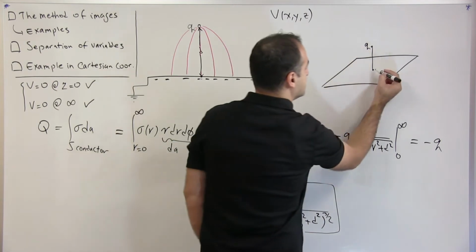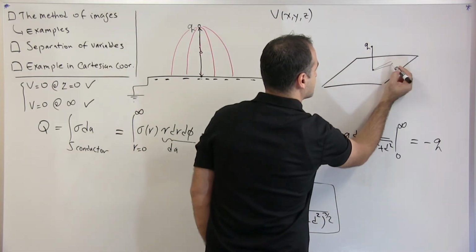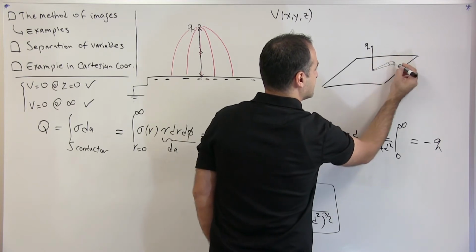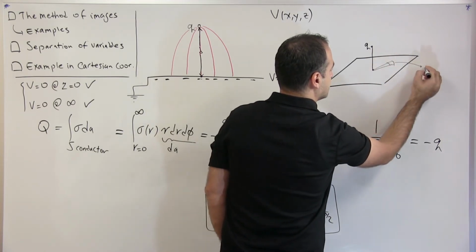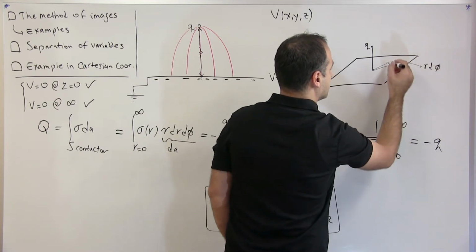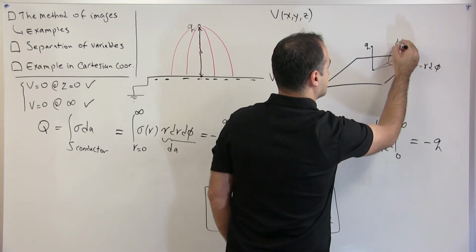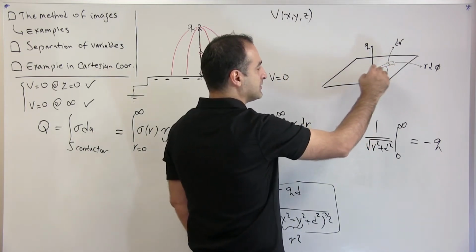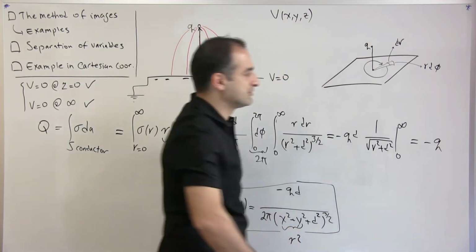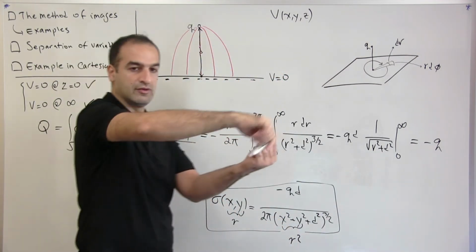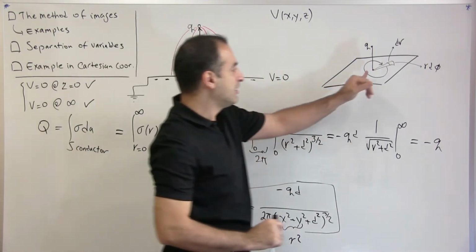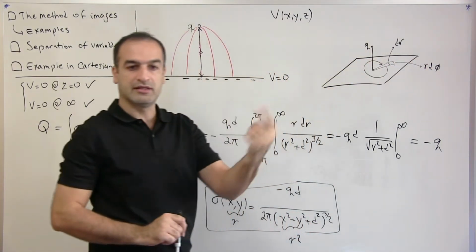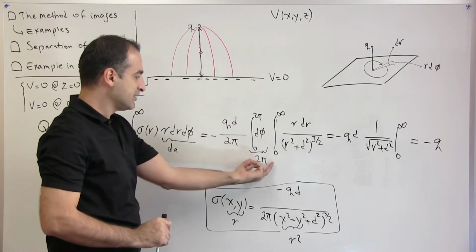So here dA is something like this, and this arc is r d phi, and this is dr. So integration over d phi goes around the whole circle, which is from 0 to 2 pi. We are covering the whole surface. So r goes from 0 to infinity, and d phi is 2 pi, 360 degrees. And this is what we have here.